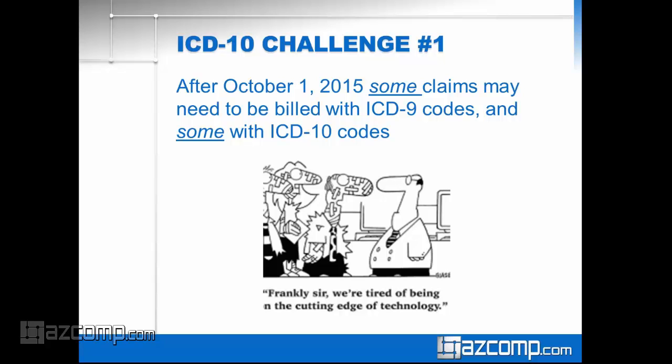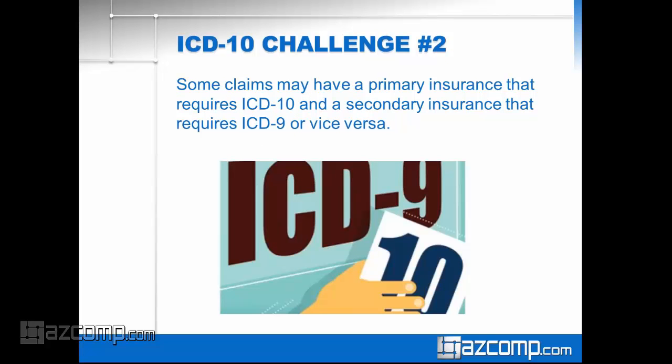And then other payers, the majority of them, all of your commercial payers and the commercial government payers, are going to be requiring ICD-10. So that does present a challenge for us when we look at billing. And the second part of that exception is, besides just having some payers that may do one or the other, you might have claims where there's both a primary and a secondary insurance, and depending on those individual carriers, the primary might want an ICD-10 and the secondary might want an ICD-9.